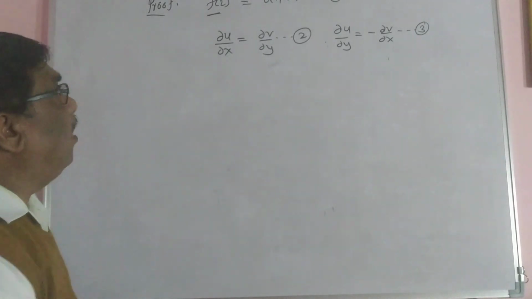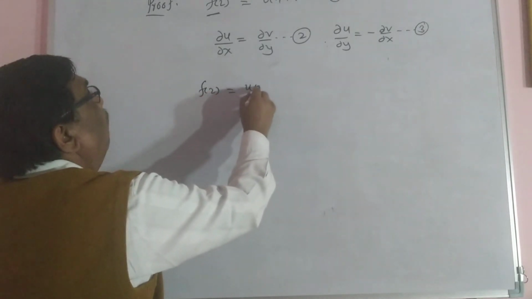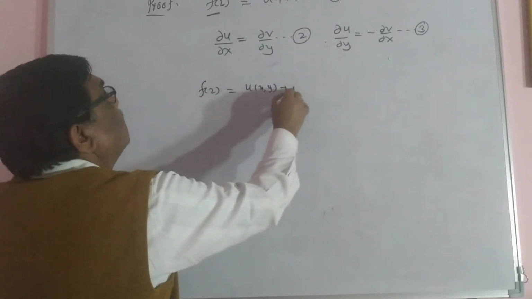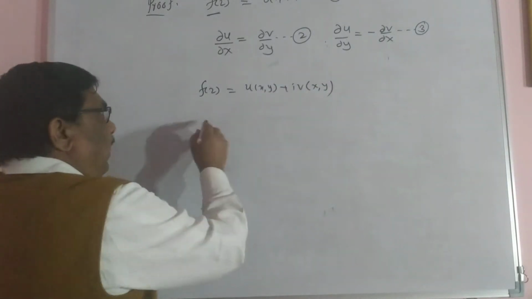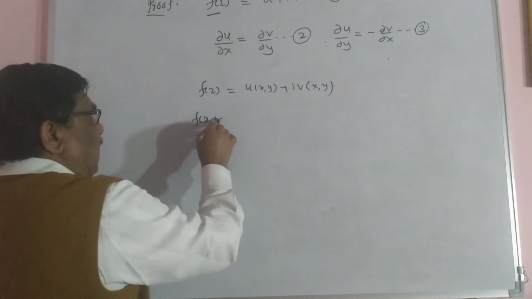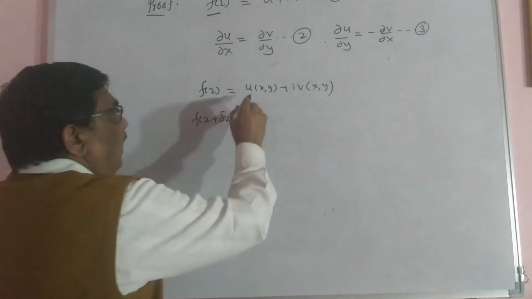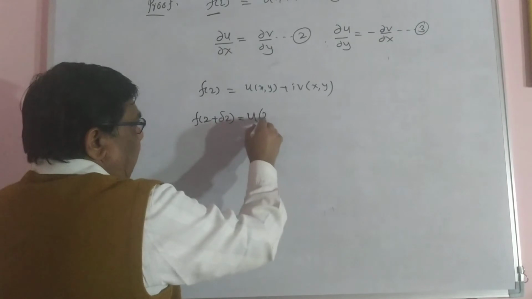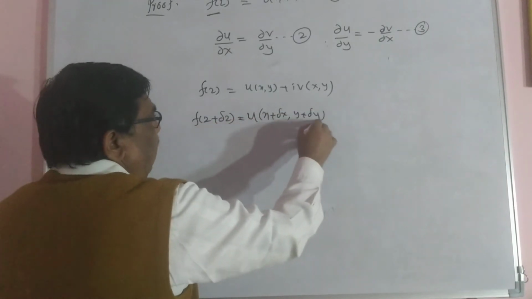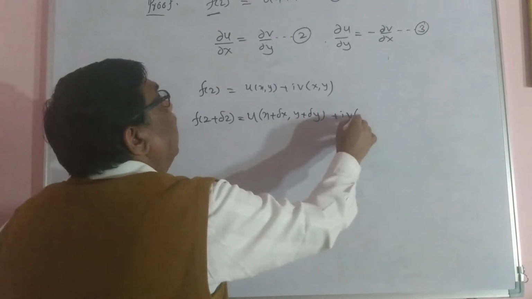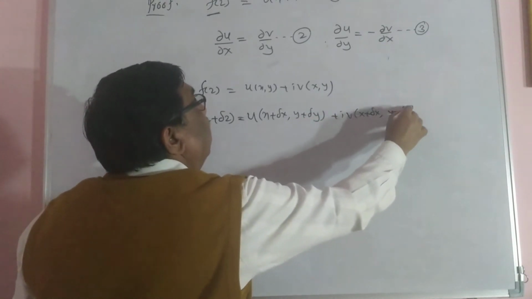let's consider f of z equal to u of x comma y plus iv of x comma y. Then f of z plus delta z, where delta z is an increment in z, and similarly there is an increment in x and y: u of x plus delta x comma y plus delta y, plus iv of x plus delta x comma y plus delta y.